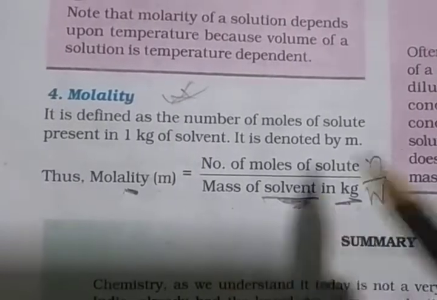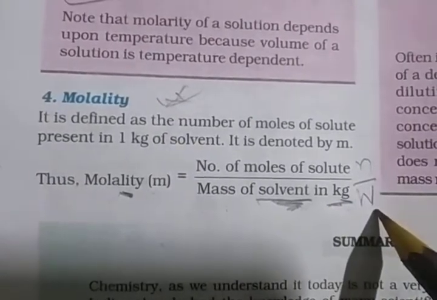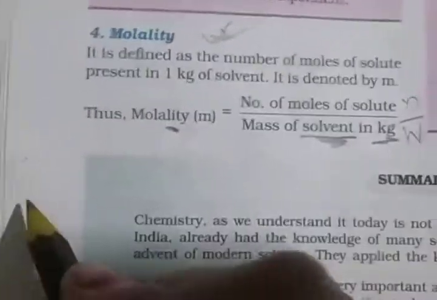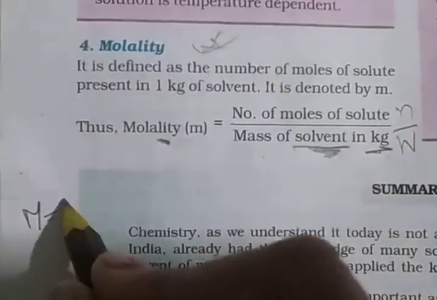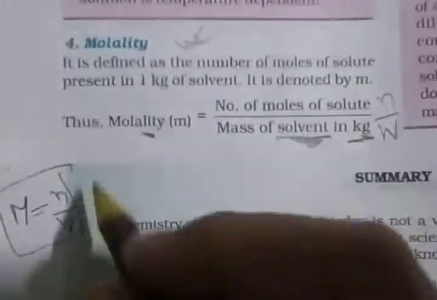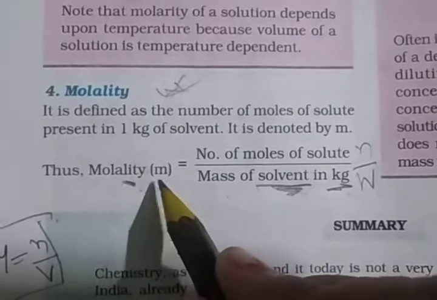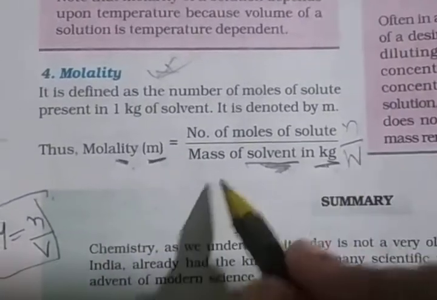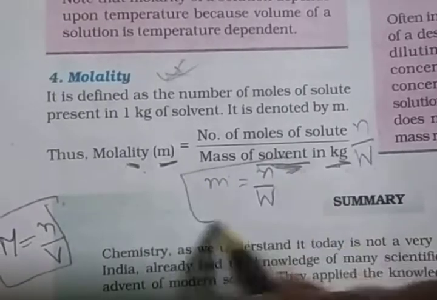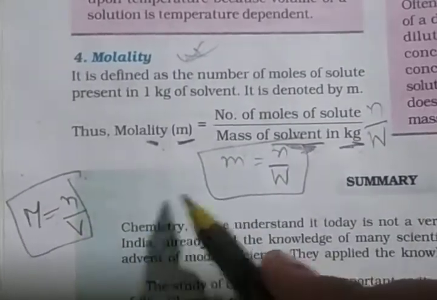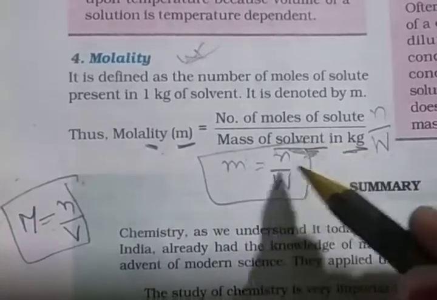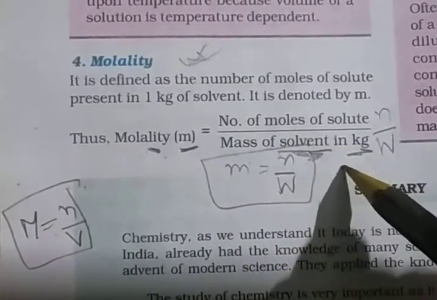Molarity is denoted by capital M, small n divided by capital V, and molality is small n divided by capital W. See the difference between molarity and molality: the number of moles of solute divided by the mass of solvent in kg.